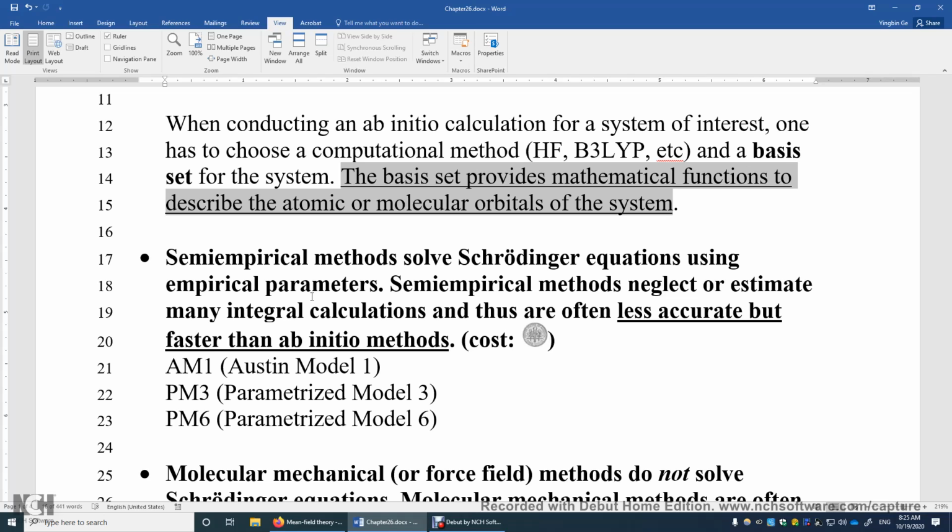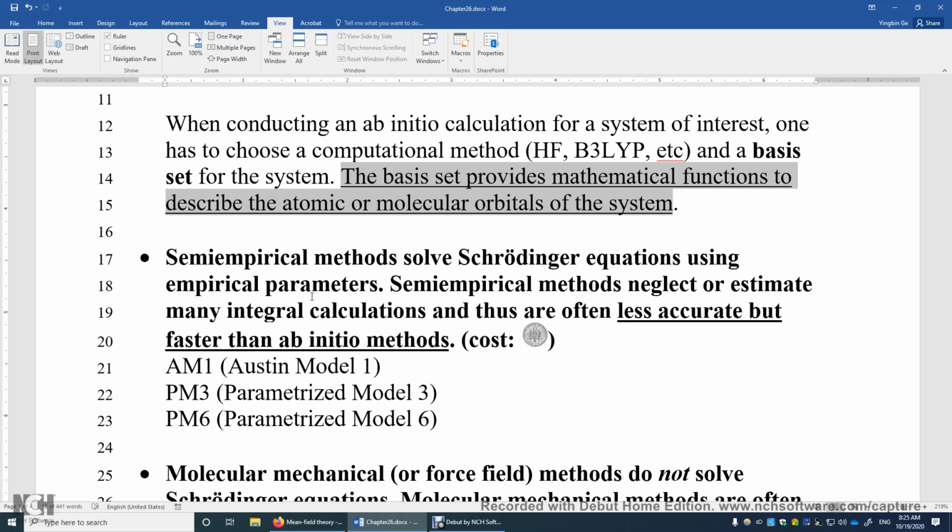Because of those neglections and estimations, semi-empirical methods sometimes are less accurate than the Hartree-Fock method and less accurate than the post-Hartree-Fock methods. The advantage of using semi-empirical methods is this. It's really fast. It's faster than the Hartree-Fock method because, again, the semi-empirical calculations neglect many integral calculations.